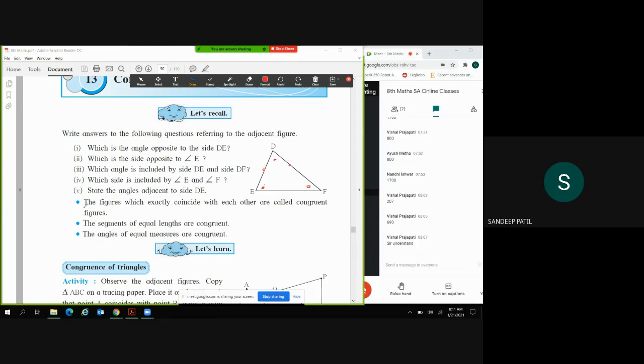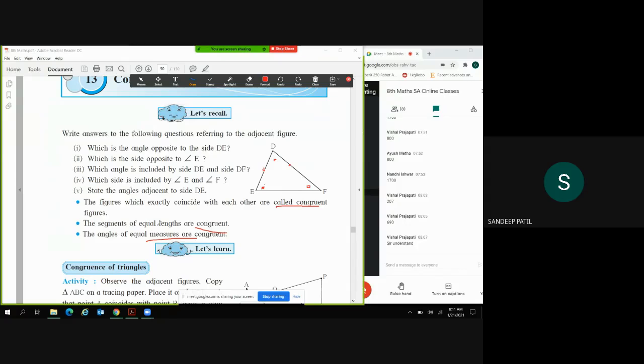Okay, so the figures which exactly coincide with each other are called congruent figures. So अगर कोई भी फिगर एक दूसरे को परफेक्टली मैच करती है तो उसे हम congruent कहते हैं. The segments of equal lengths are congruent and angles of equal measures are congruent.